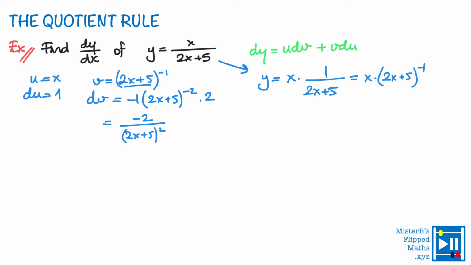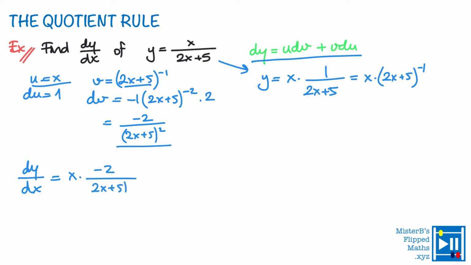Now I know u, du, v and dv. I only have to substitute these into the product rule. So dy over dx will be u dv, so x times minus 2 over 2x plus 5 squared, plus v du. So v is, well, this is to the power of minus 1, so I'm going to write it as 1 over 2x plus 5 again, back to the fraction form, times du, which is 1.